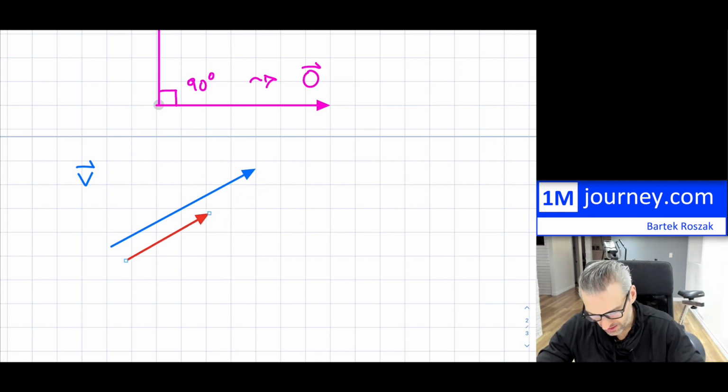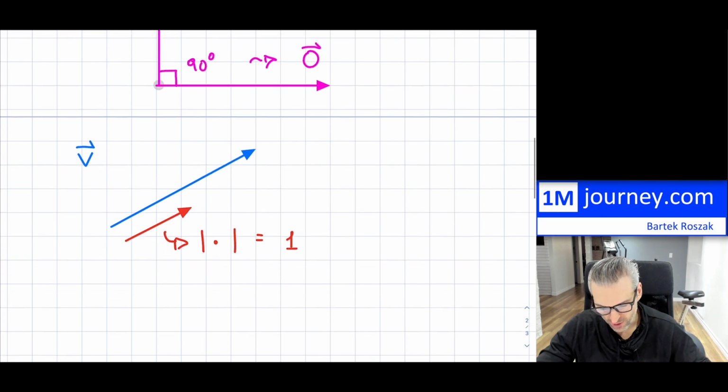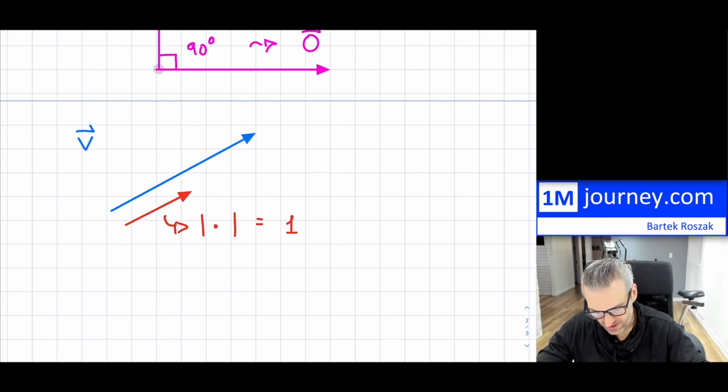So this is going to get scaled. I don't know what that blue magnitude actually is, but let's assume that it's more than 1. That means this one is going to get scaled down such that the magnitude of this vector is equal to 1. That's what makes it a unit vector. Now, how do we find that? We find this vector by simply taking our original v vector and dividing it by its magnitude.